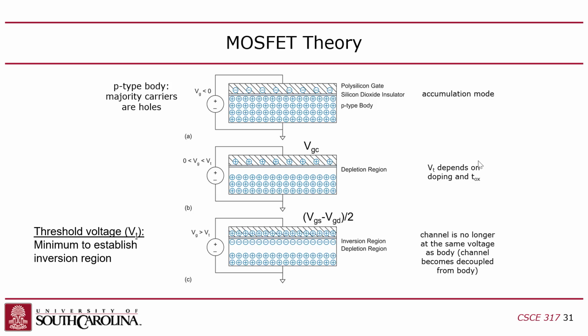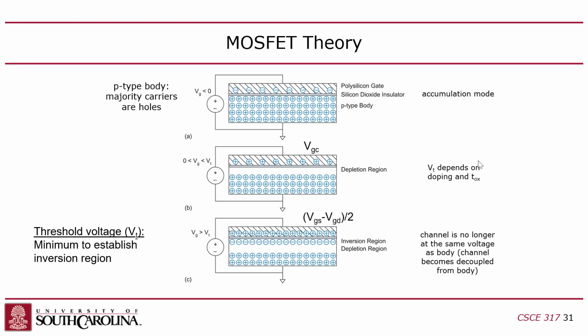The substrate is grounded, but once you get this inversion region, you have electrically separated the substrate from the channel. This channel is its own world now. It's not at the same voltage as the substrate.